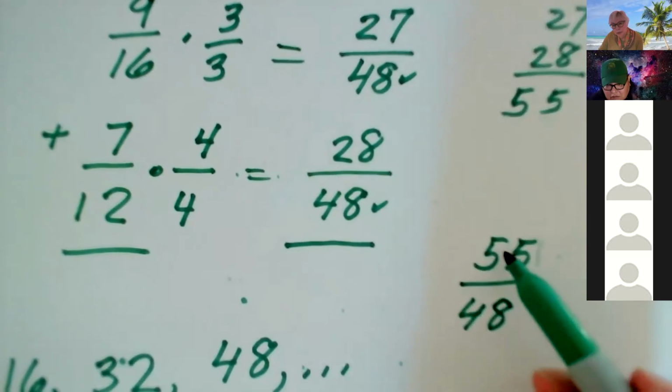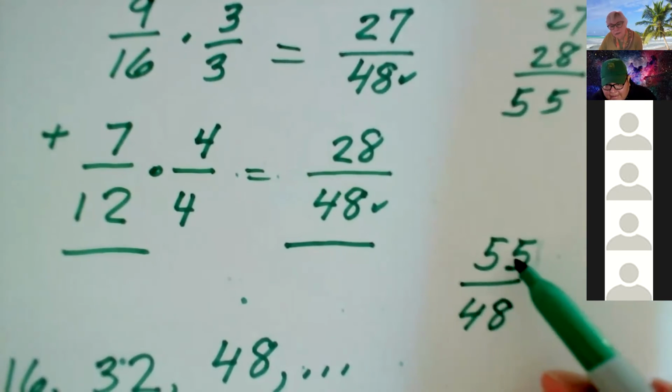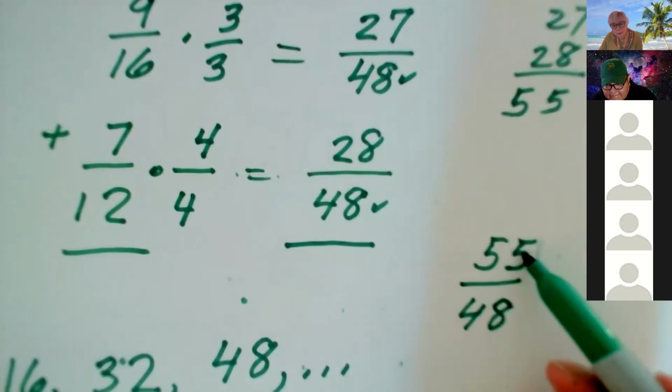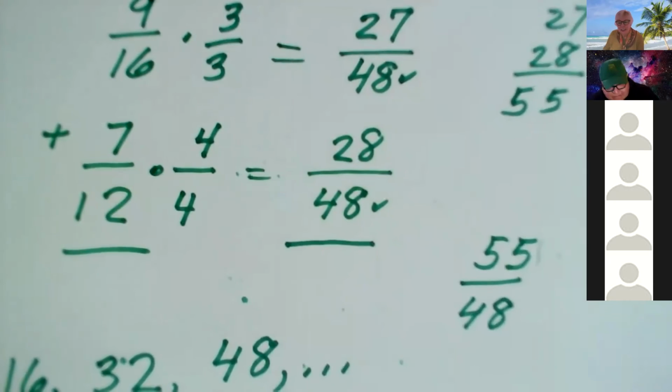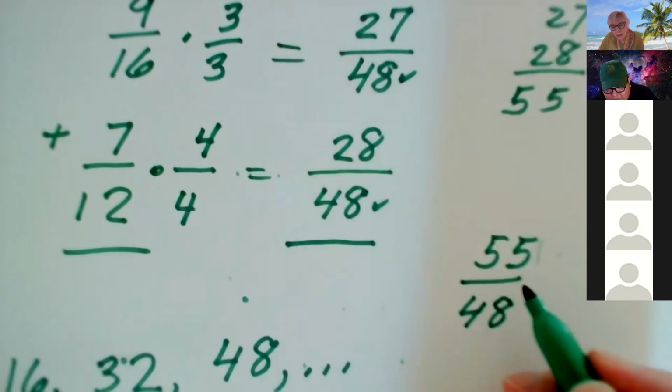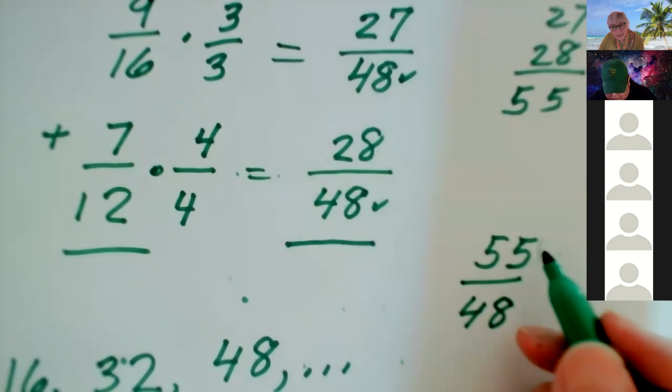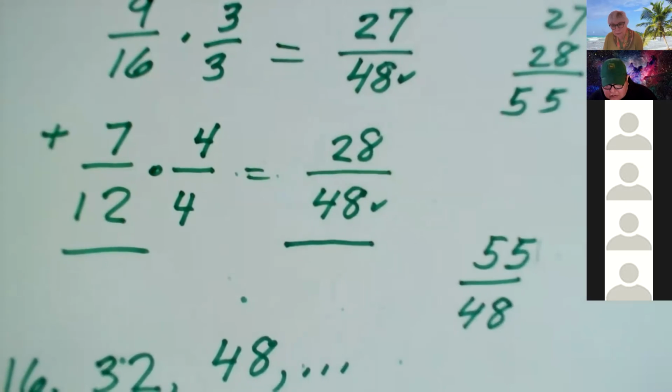And how do I know this doesn't reduce? Because 55 is 5 times 11. Is there a 5 in 48? No. Is there an 11? No. Done. You see the prime numbers give you the insight to not make mistakes anymore.